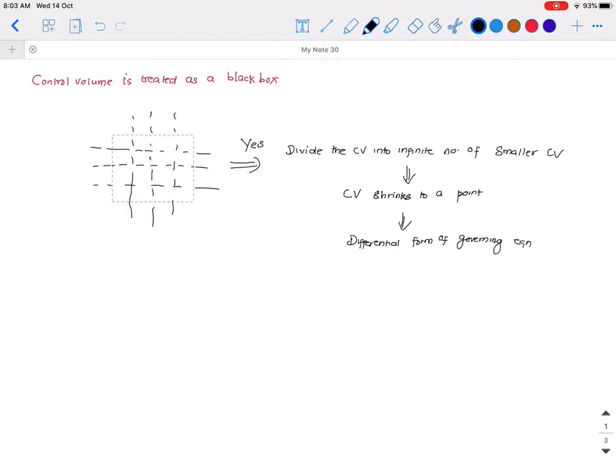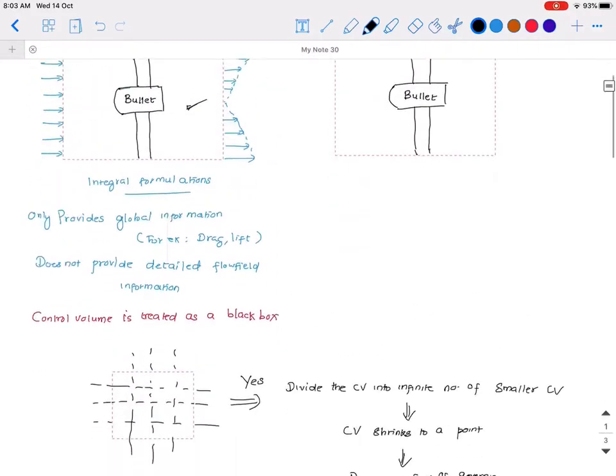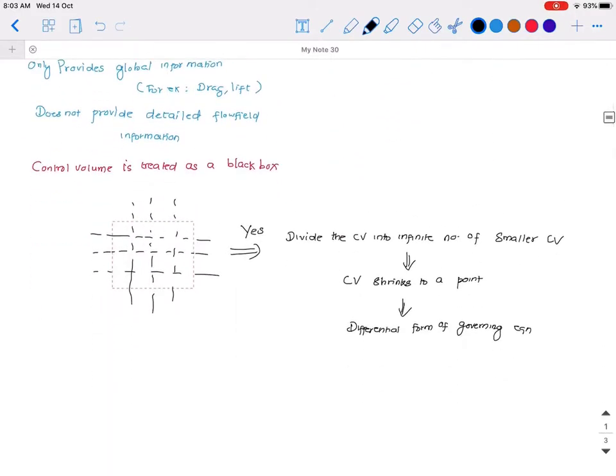The integral form of the governing equation is applicable for a finite control volume. Now we are breaking the control volume into an infinite number of smaller ones. During this process the control volume shrinks to a point, then we get the differential form. By doing this process we will get the differential form from the integral form. Is that clear?